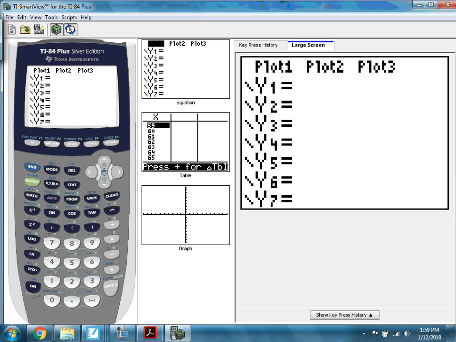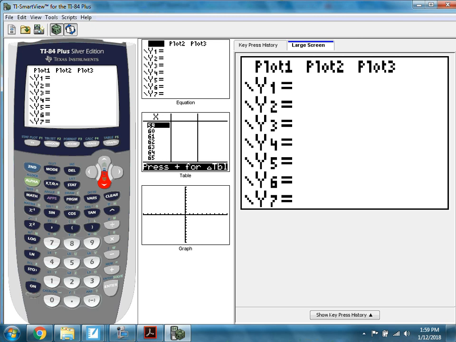Then I go back down to put my cursor right in front of the Y1. Now none of my plots are highlighted, so I shouldn't have any points graphed. Questions?